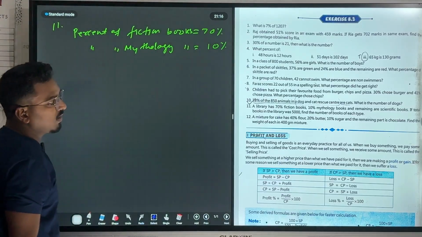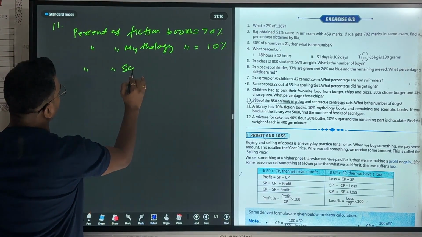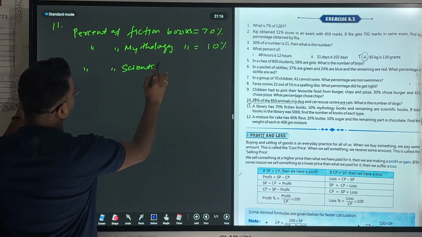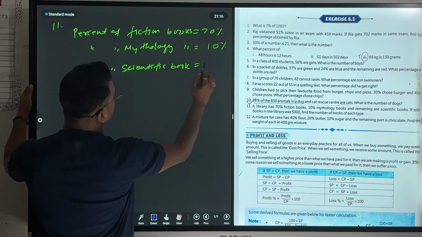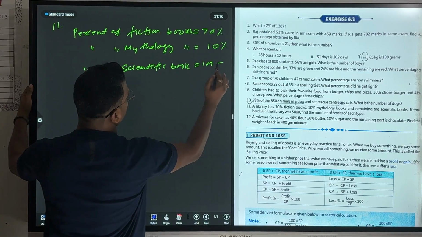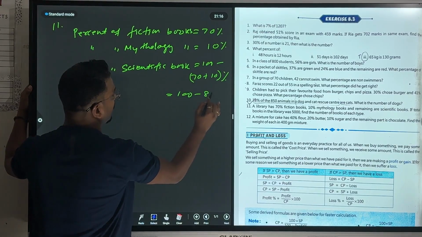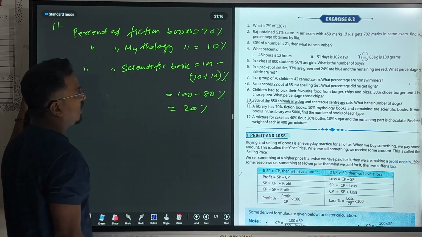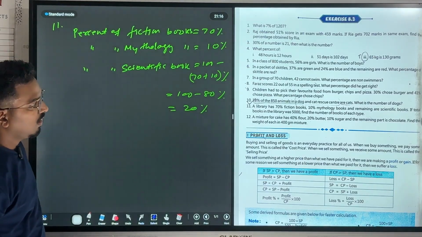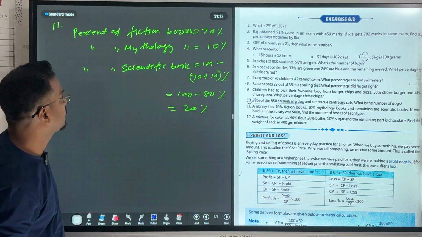So what will be the percentage of scientific books? The percentage of scientific book is equal to 100 minus (70 plus 10). You have to put in bracket. So 100 minus 80%. So it will become 20%. 20% are scientific book. Okay. Right.